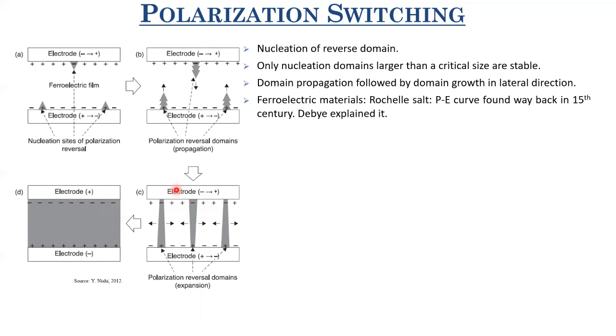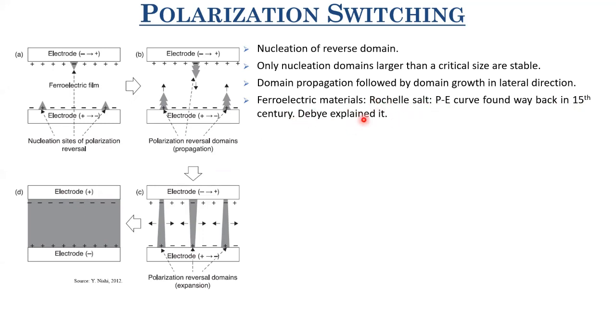So what are these popular ferroelectric materials? Rochelle salt, I guess you must have heard its name in chemistry, in class 11th chemistry. People knew that Rochelle salt shows this kind of a PE curve, which has a saturation and two different remnant polarization states. They found it way back in the 15th century, just imagine.